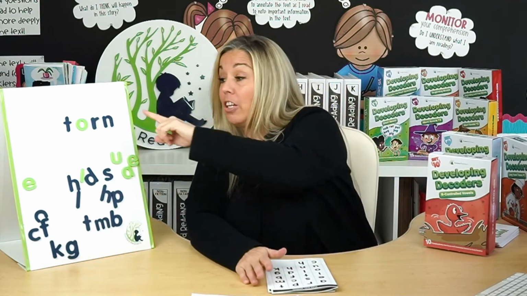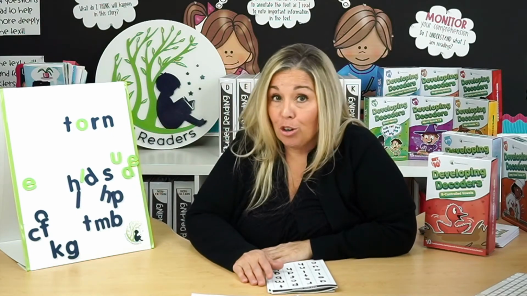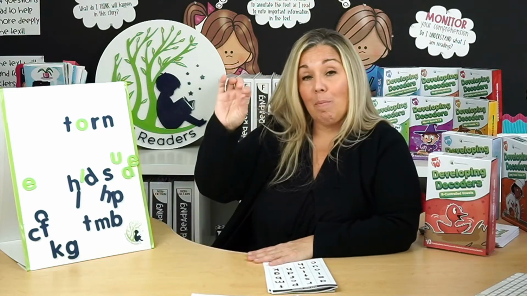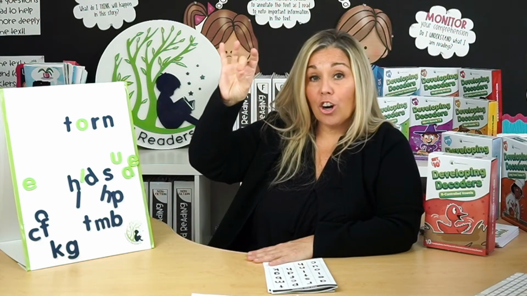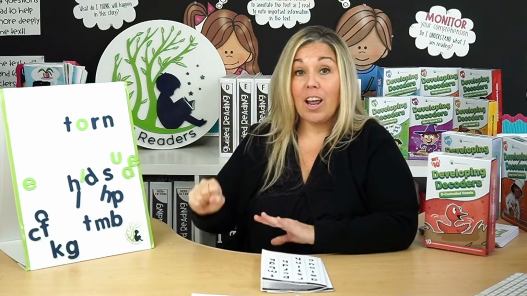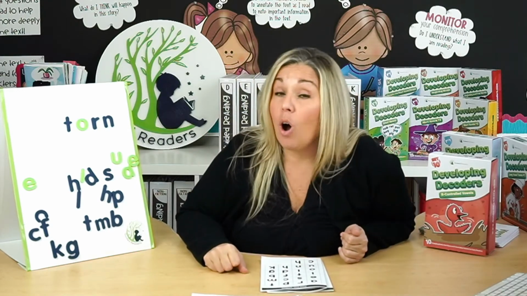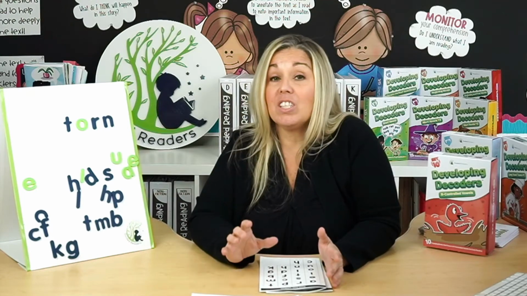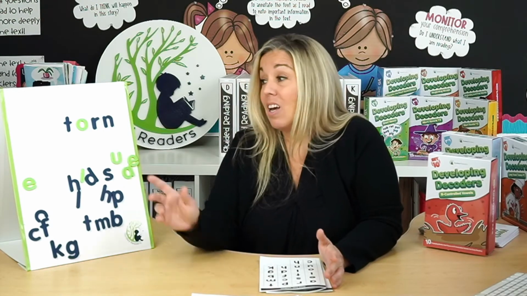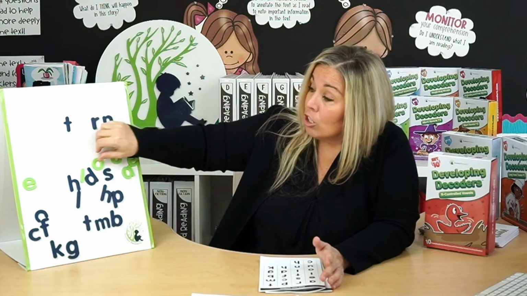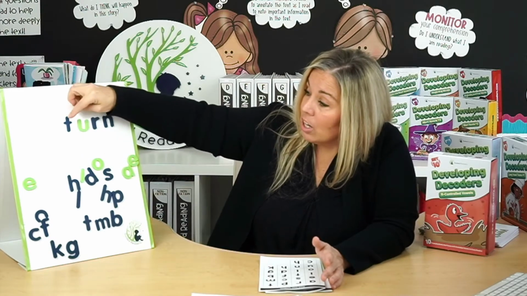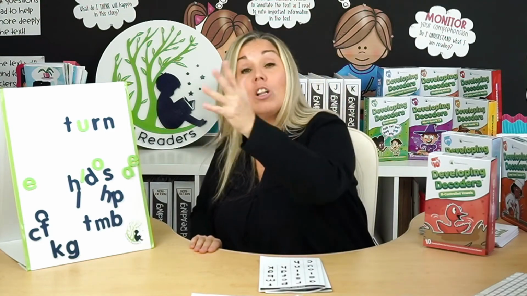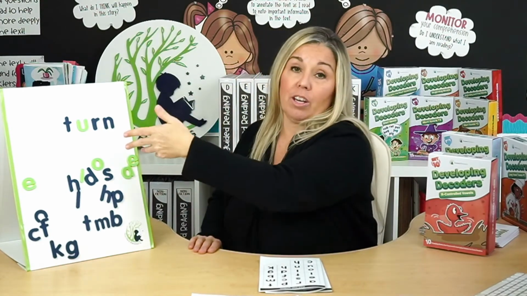All right, here we go. I want you to change torn to the word turn. Let's tap it out. Turn. Now, in other videos, we talked about homophones, right? Words that sound the same but have different spellings and different meanings. This is another word like that. Turn means I will turn left in my car, like a direction, right?